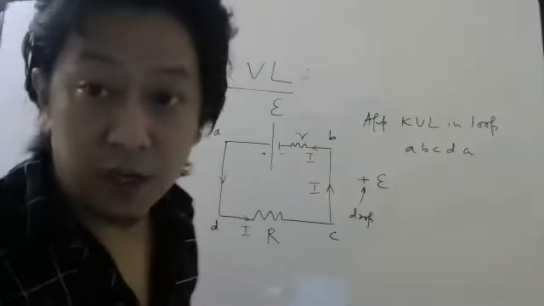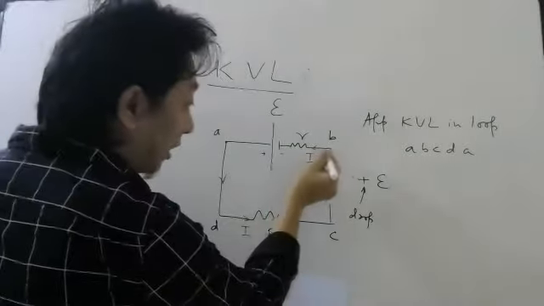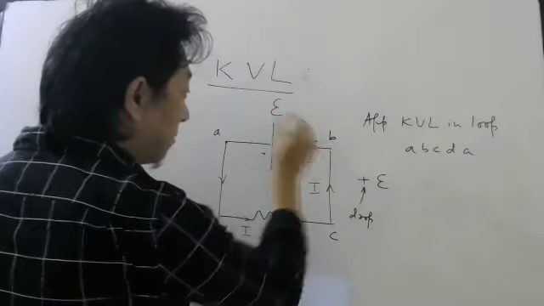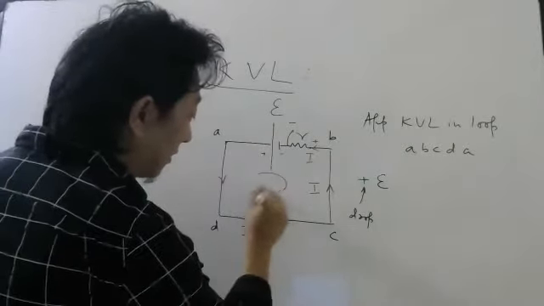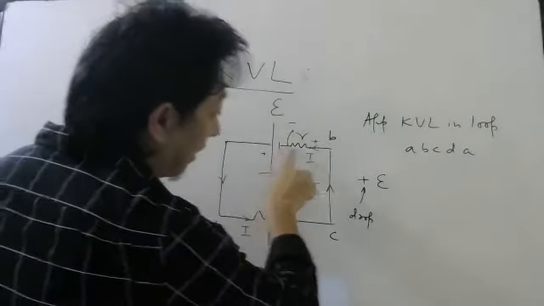Now you all know current flows from higher potential to lower potential. So if I show current this way, this point must be plus and this point must be minus. For this resistor, I am going against the current.